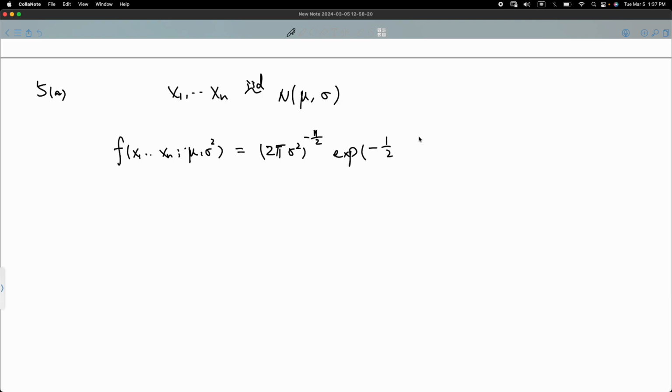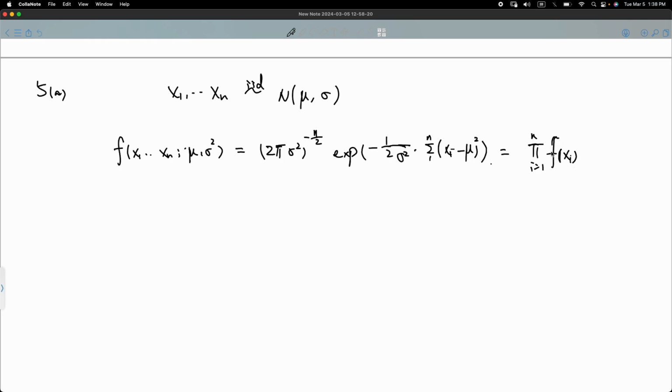sigma square multiplied by the summation of xi minus mu, from 1 to n, squared. Yeah, so this is just the product from 1 to n of f of xi.